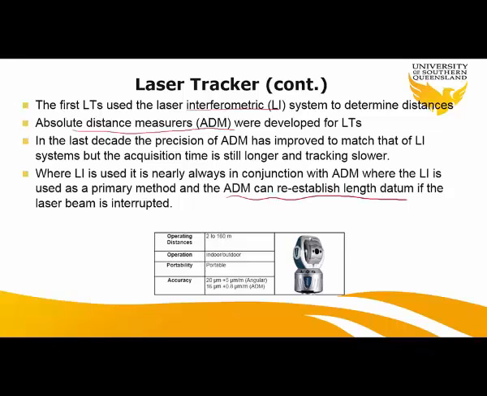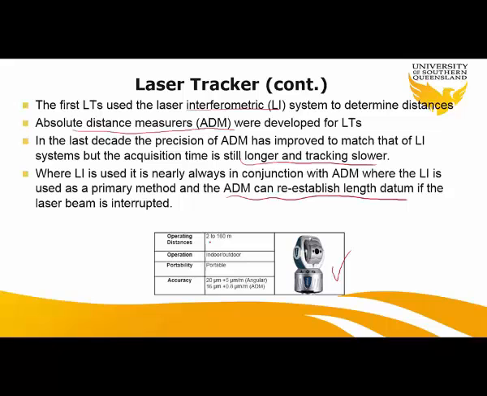So this improves the accuracy you can get from this system significantly, but there is still some deficiency in terms of it takes longer time to measure and the tracking systems are slower. So these are the disadvantages of laser tracker system. This is the example of the specification I got for Faro laser tracker.